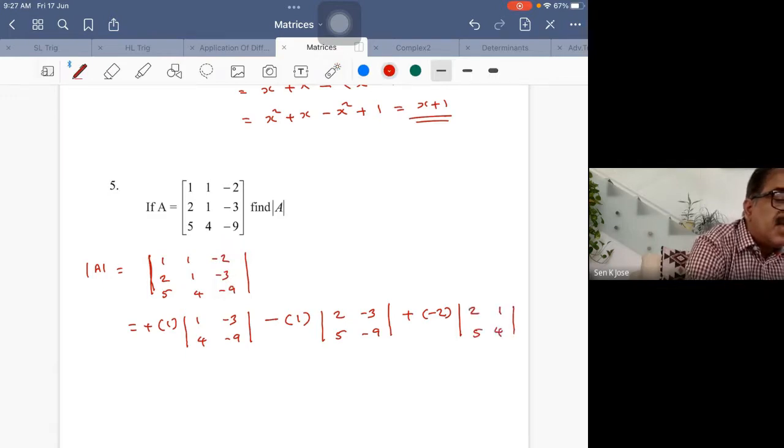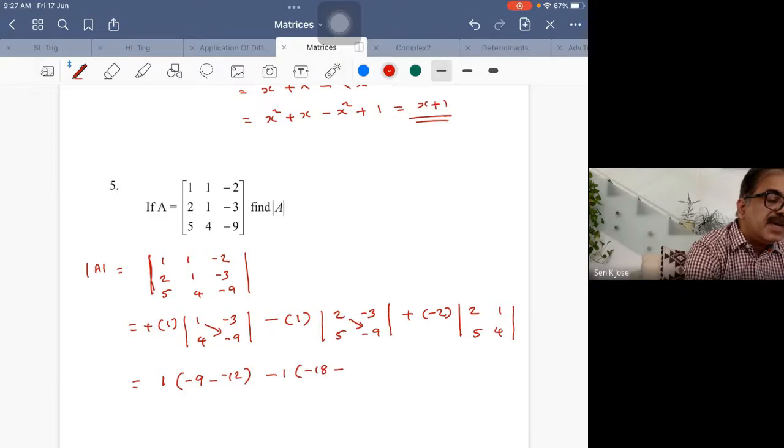Now later on you can probably skip this step and do this in your head, like the step which I am doing next. So 1 into cross multiply AD minus BC. AD, the diagonal elements. 1 into minus 9 is minus 9 minus 12. Minus 1 into AD minus BC, cross multiply, minus 18 minus 15.